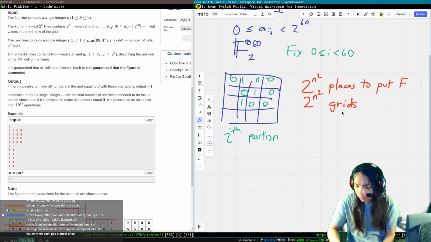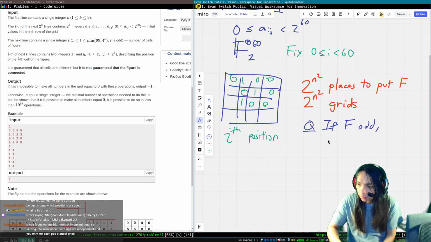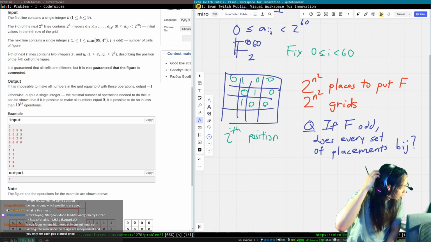So, here's a question. Is it true that if f is odd, does every set of placements form a bijection to the set of possible grids?